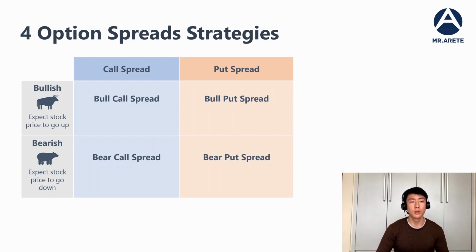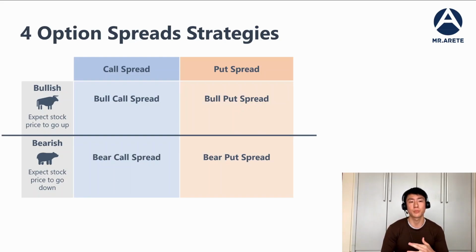For each sentiment, whether bullish or bearish, there's a call or put spread that you can do. For bullish sentiment, you can either do a bull call spread or a bull put spread. When the sentiment is bearish, you can either do a bear call spread or a bear put spread. I won't go into details on how these different spreads work for this video, but just know that there are these four spread strategies that you can deploy for your options toolkit.